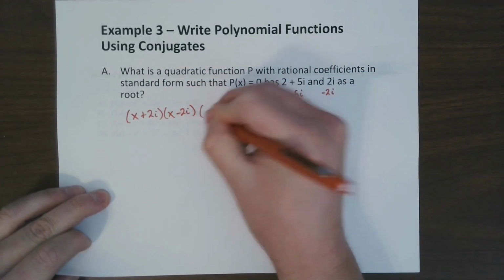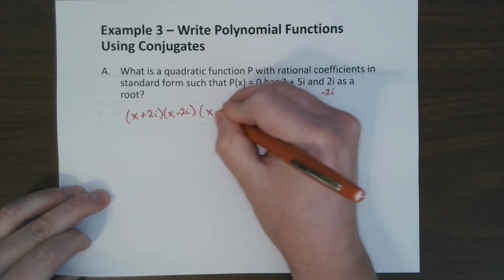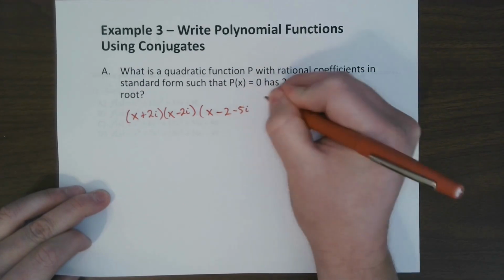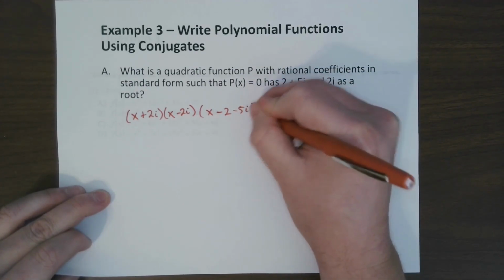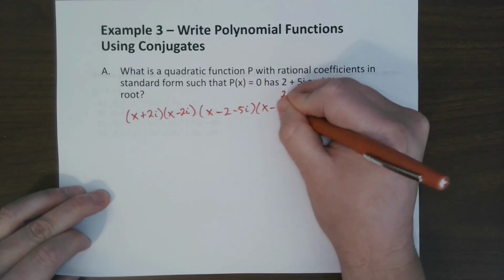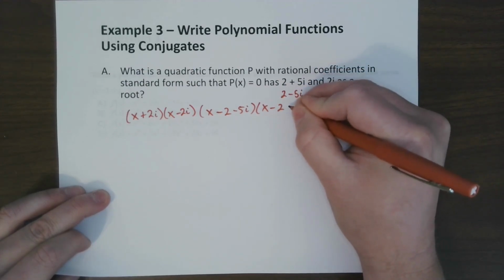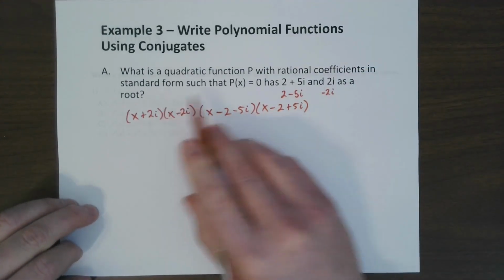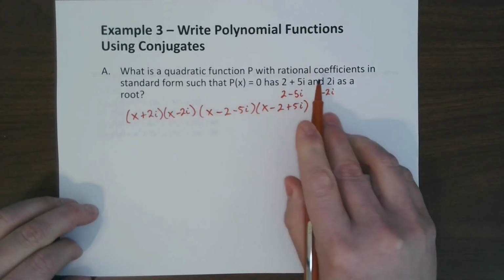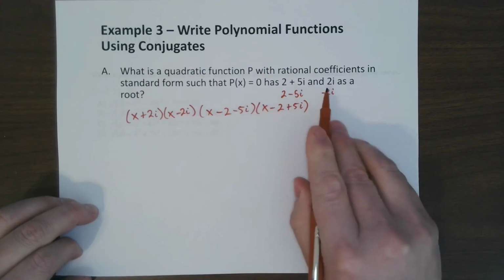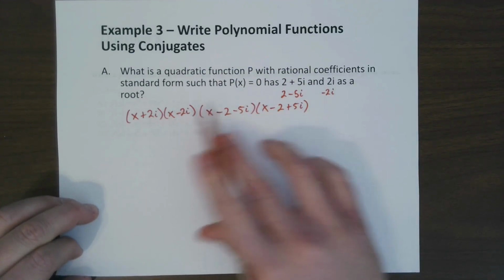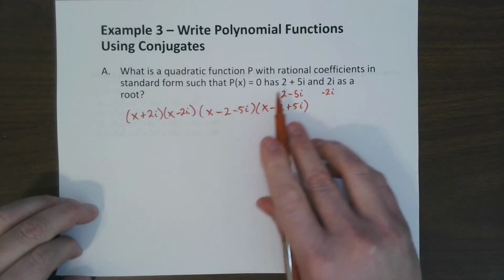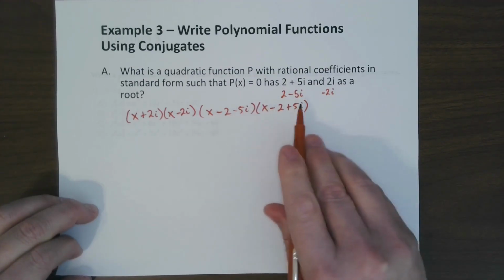And then I'm going to rewrite this one as x minus 2 minus 5i, and then x minus 2 plus 5i. What I'm doing is basically the opposite. So minus 2i is the positive 2i, the positive 2i is the negative 2i, and these are the opposite of that. So minus 2, and I just changed the sign of these ones in between.